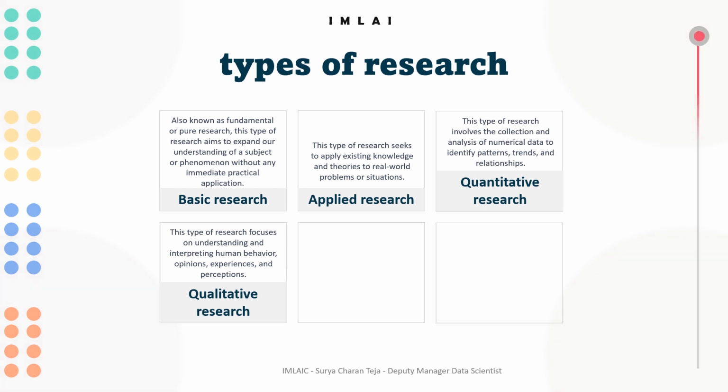Now let's look into some examples of the qualitative research type. One widely used example for qualitative research is an ethnographic study that explores the experiences and perspectives of immigrants who have recently arrived in a new country, using in-depth interviews and participant observation to understand their cultural adaptation and identity formation processes.